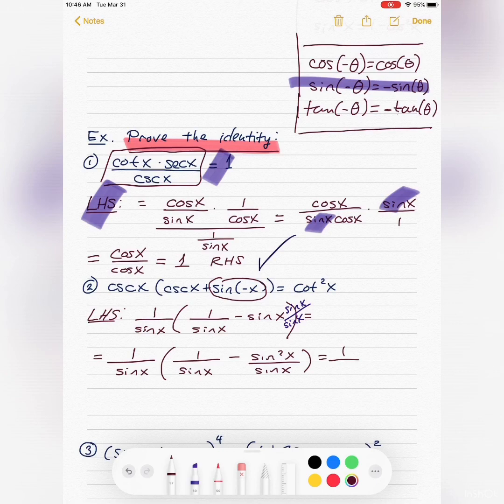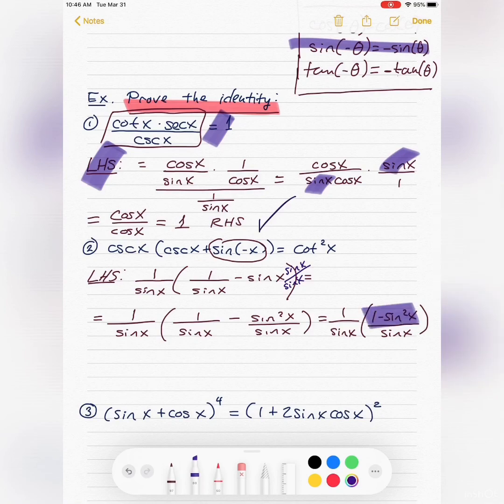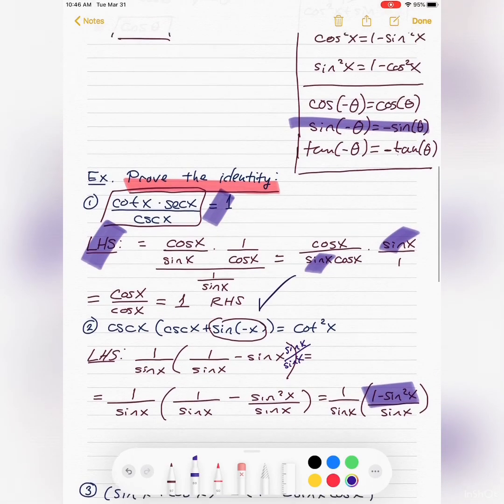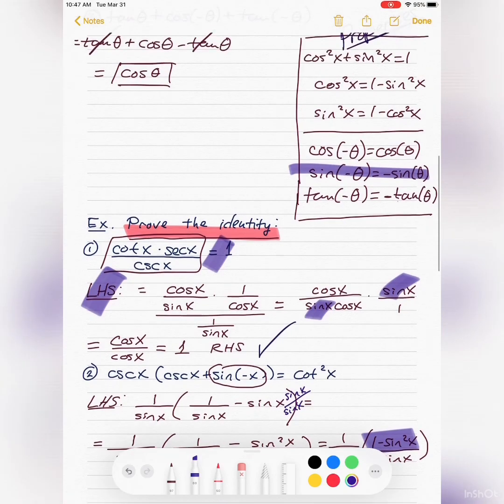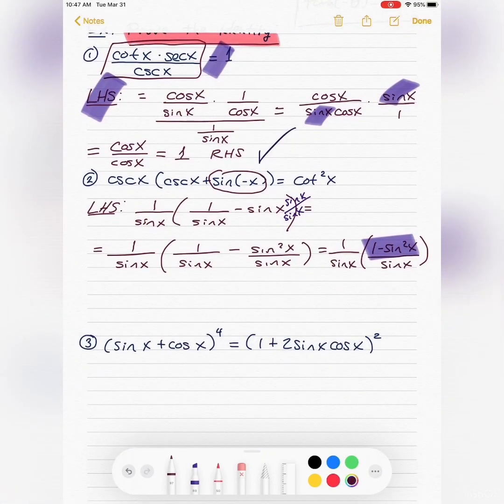So now I have an LCD inside the parentheses. So I'm going to go ahead and write that as one fraction. So again, now I recognize I have a special identity, this guy. Remember, 1 minus sine squared is cosine squared. So what do I have here then? I have 1 over sine, and then 1 minus sine squared turns into cosine squared.